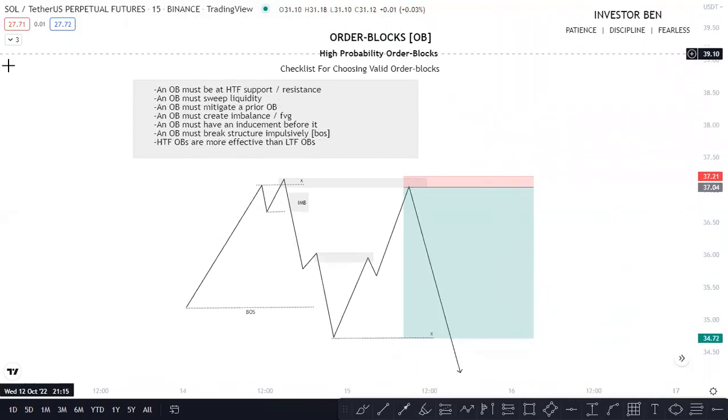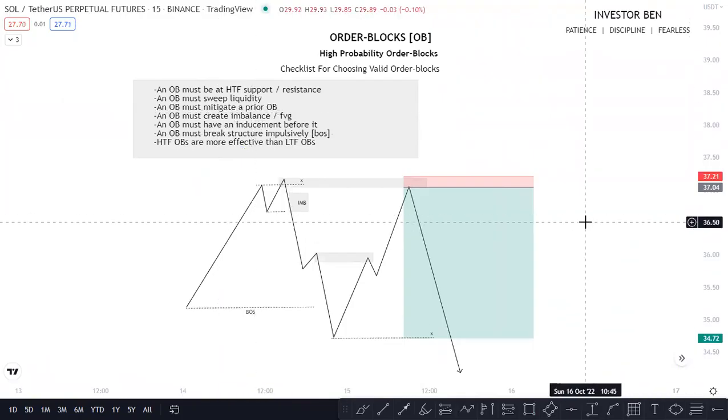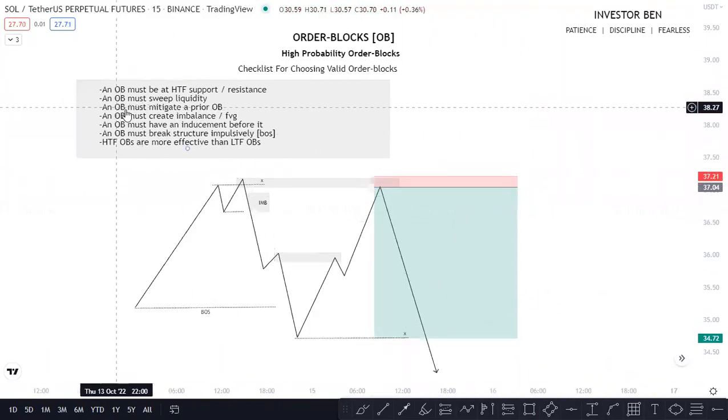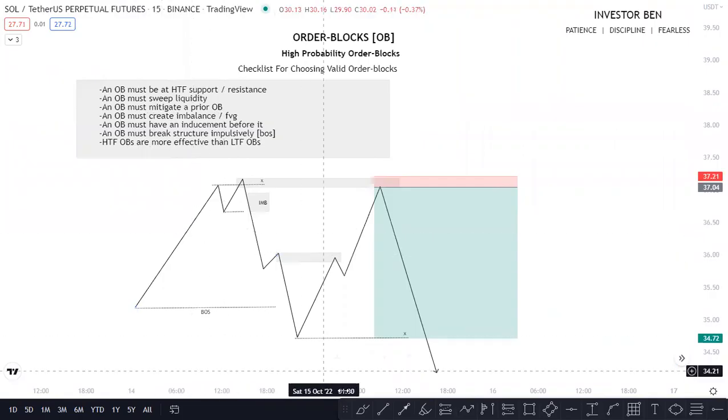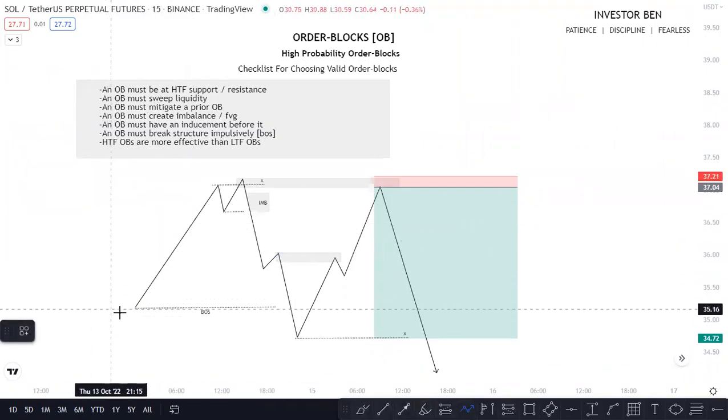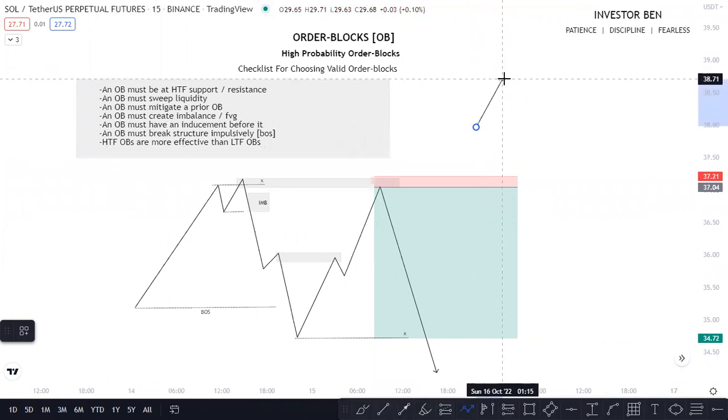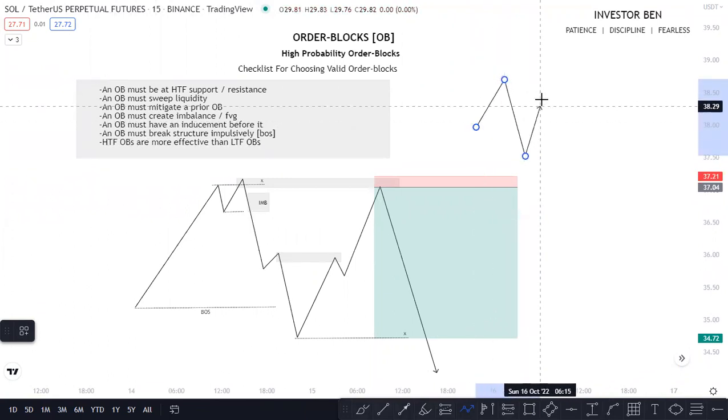So an OB must sweep liquidity. We've just done that, right? An OB must mitigate a prior OB. Okay, let's say one is coming from here. Let me just make it a bit simple, right?